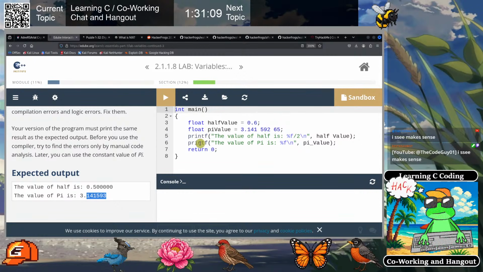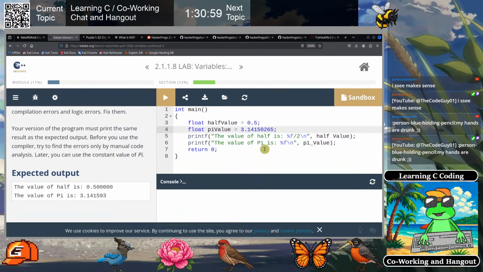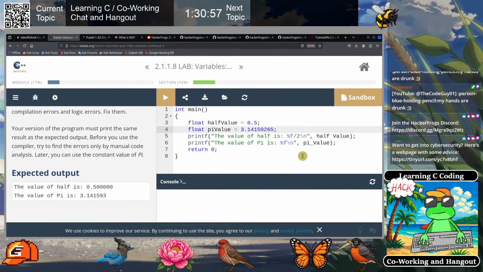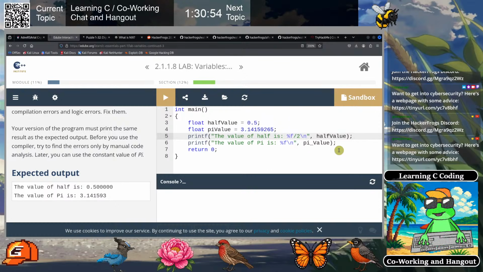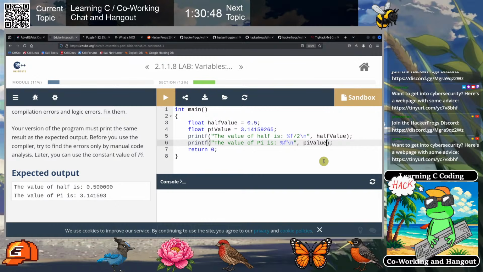Okay, so half value should be this, right? And then pi value is, and they've separated these. You can't have spaces in here. So okay, half value has to not have spaces, and pi value also needs to not have this underscore. And I think that's it.